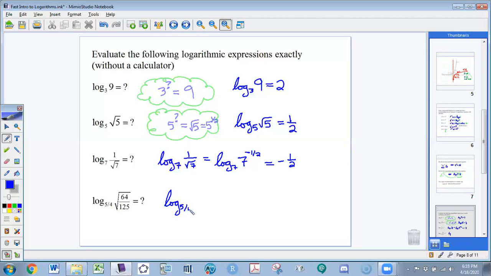This one might be a little bit trickier. Log base 5/4 of the square root of 64/125ths. But if I recognize, of course, that 64 is 4 to the third power, and 125 is 5 to the third power, and then I have a square root on it, which means a 1/2 power, but I also have this fraction flipped over from what I originally did.